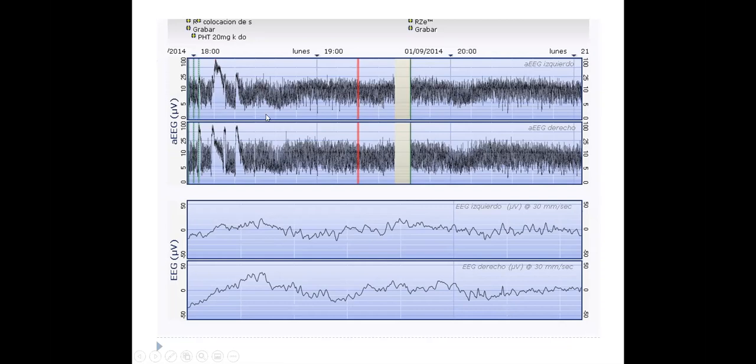As I explained in the earlier slide, phenytoin doesn't change the pattern; after the use of an antiepileptic drug like phenytoin, they remain the normal pattern.